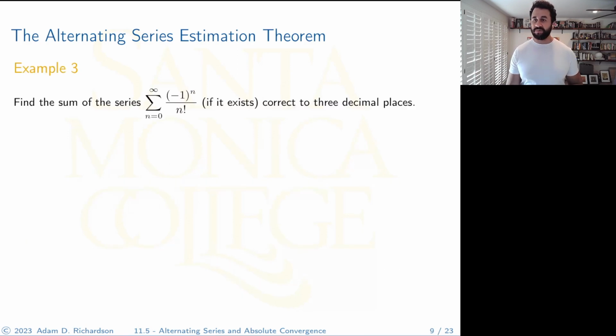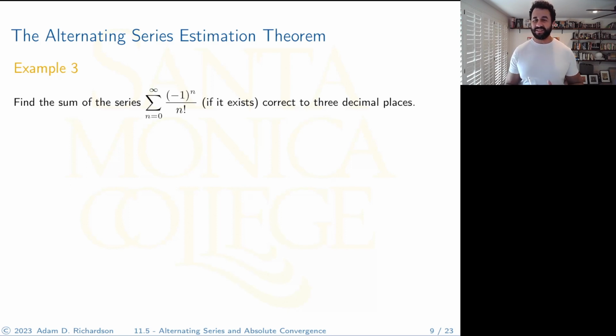Let's find the sum of the series negative 1 to the n over n factorial, if the sum even exists. And let's get the sum correct to 3 decimal places, right? So I want you all to try this one on your own at the beginning. But one thing I want to mention real quick, we don't even know if the series converges yet.